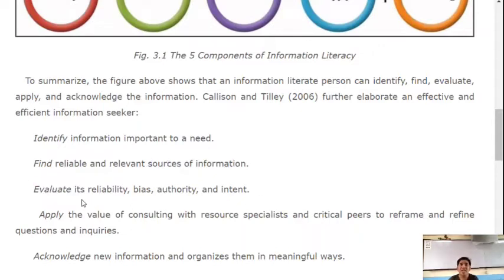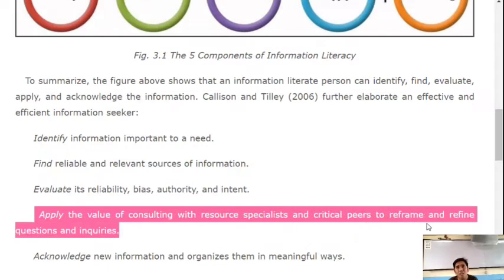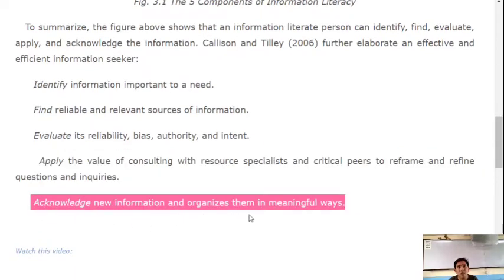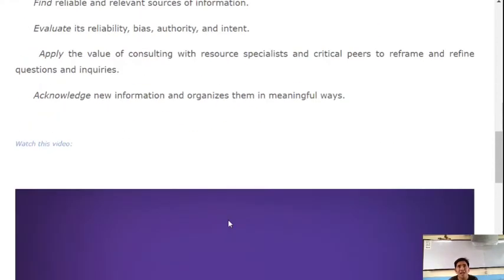So you test and analyze whether what you got in the find step is reliable. Apply the value of consulting with resource specialists and critical peers to reframe and refine questions and inquiries. Next, acknowledge new information and organize it in meaningful ways. So those are the 5 components of an information literate individual.